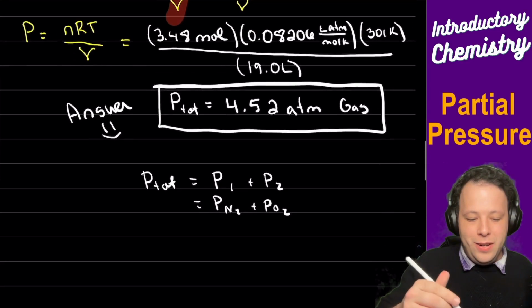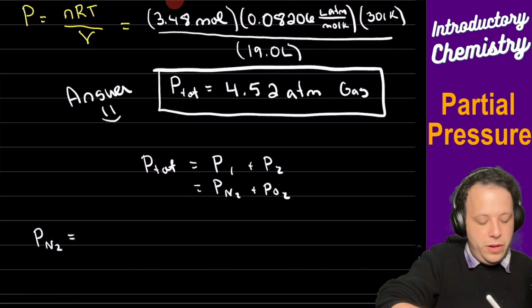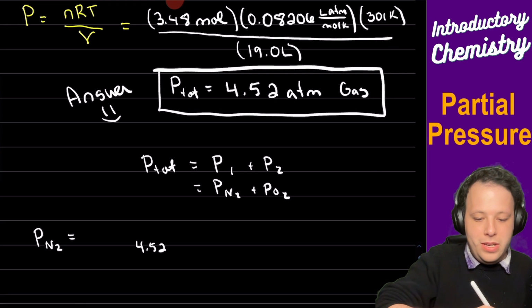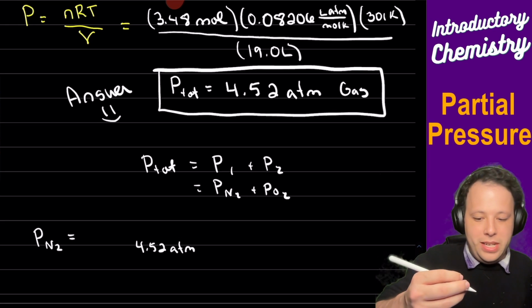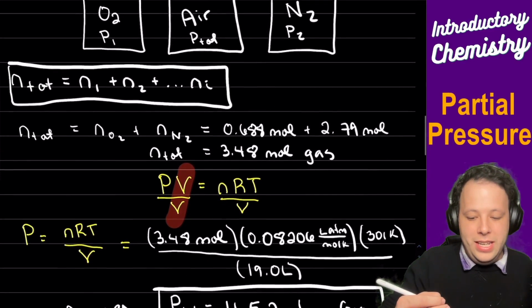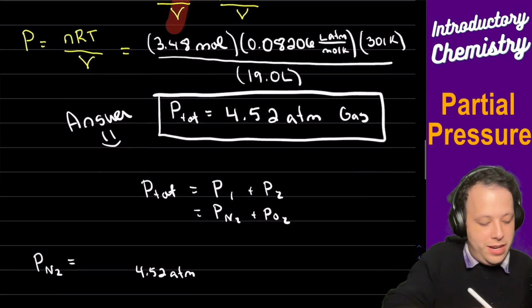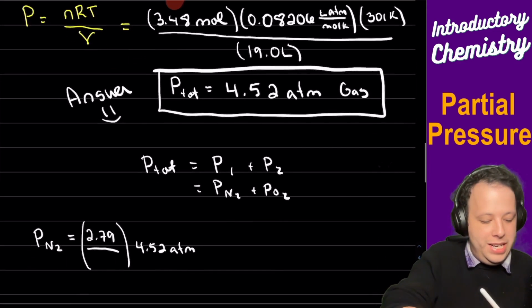So in the very beginning, in our first one, if I have, let's say, the partial pressure of nitrogen, well, we know the total amount of gas was 4.52 atmospheres. And what we also know is how much the moles were. So the individual moles were 2.79 moles all over 3.48 moles.